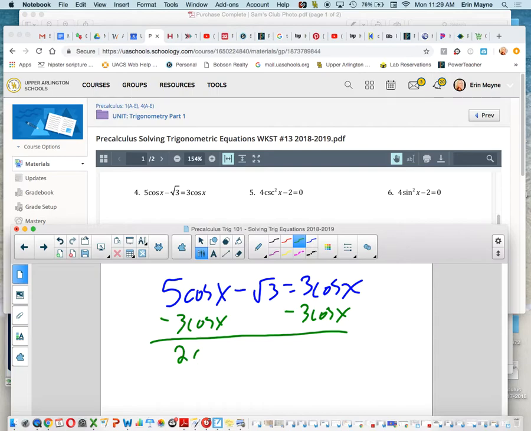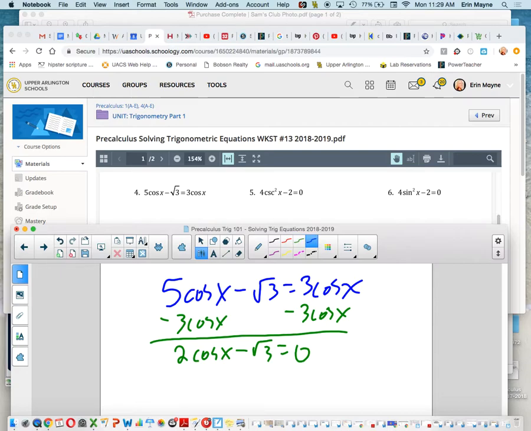I have 2. 2 cosine x minus root 3, and then what would I do? Add root 3, divide by 2. Okay? Now, notice a lot of this is just algebraic steps, right? This actually has nothing to do even with trig at this point. So just don't overcomplicate things if you don't have to.